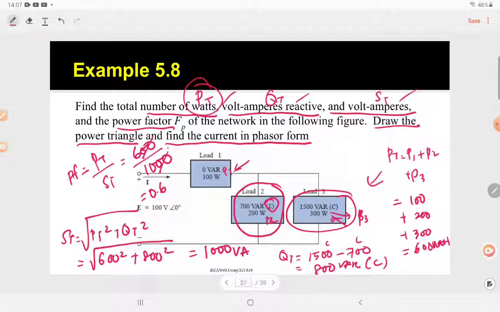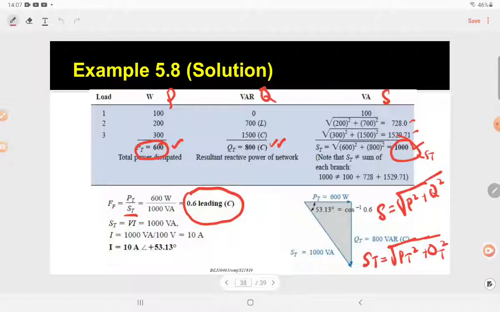Because we know that our reactive power is a capacitive load, your power factor is 0.6 with a capacitive load, or leading. We can say that the power factor is leading. So this is 0.6 leading capacitor, right?